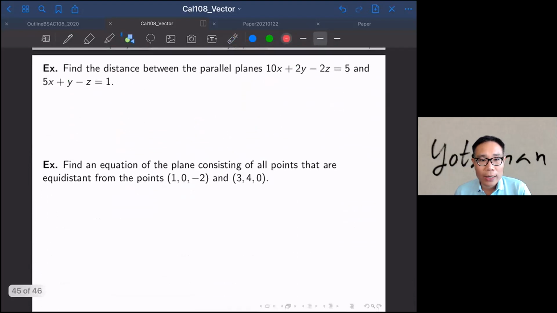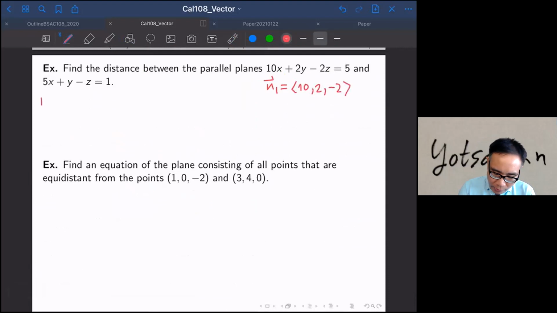The next one, you'd like to find the distance between parallel planes. So you see that you have the plane, you have n1 equal to (1, 0, -2), and you have n2 equal to (5, 1, -1).